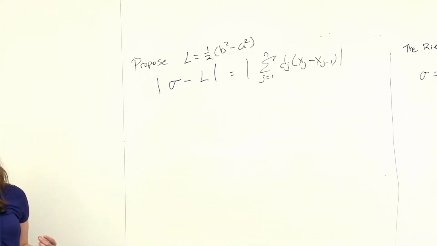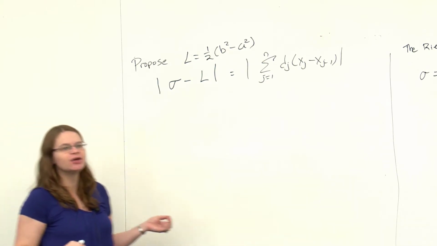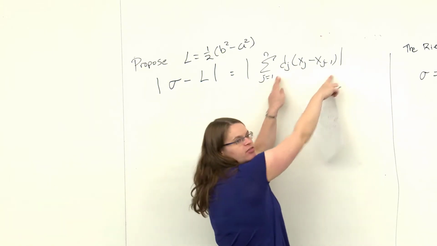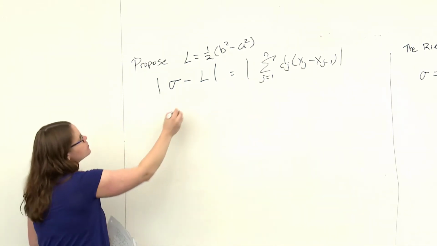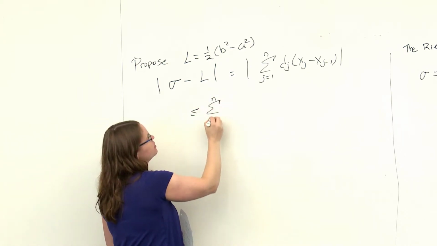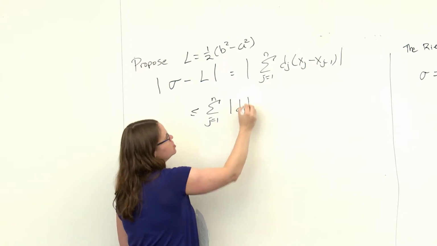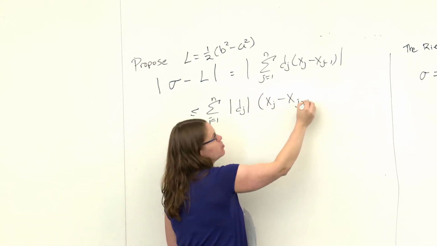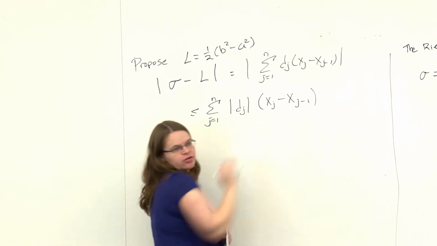We have one of our favorite standard tools, which is the triangle inequality, right? Which is I can bring the absolute values inside the sum. So this is going to be the sum j equals 1 to n of the absolute value of dj times the absolute value of xj minus xj minus 1, which is, this term is always positive.